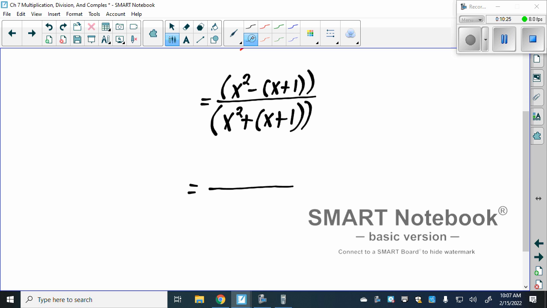So here the numerator is going to be x squared. Well, the negative is distributed through, which gives us negative x minus 1. The denominator is x squared plus x plus 1. Will either one of these factor?